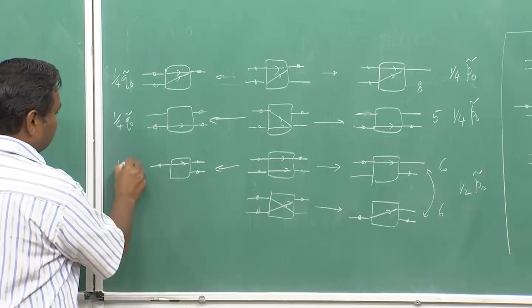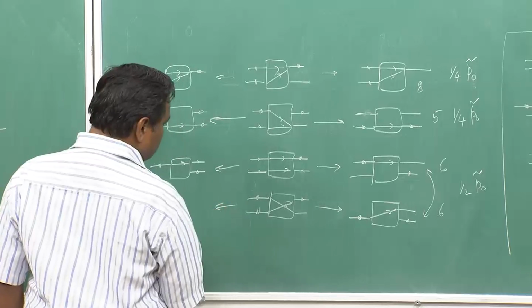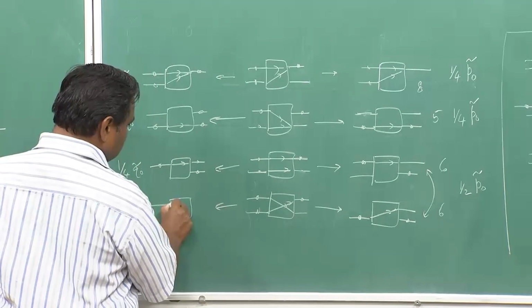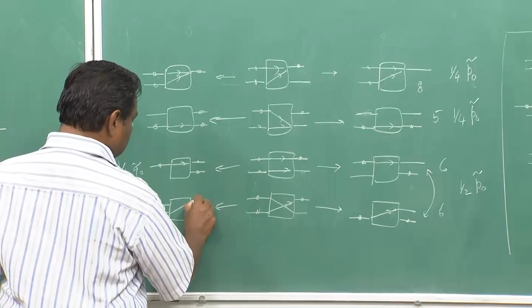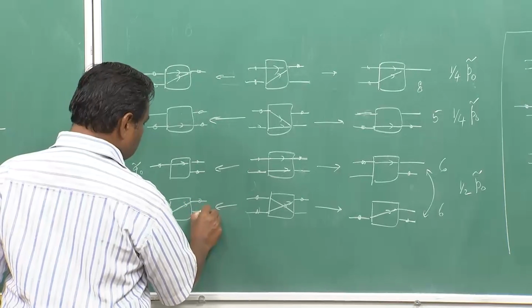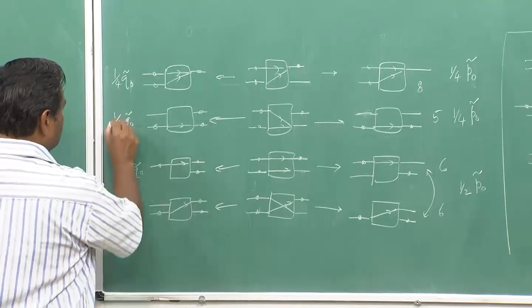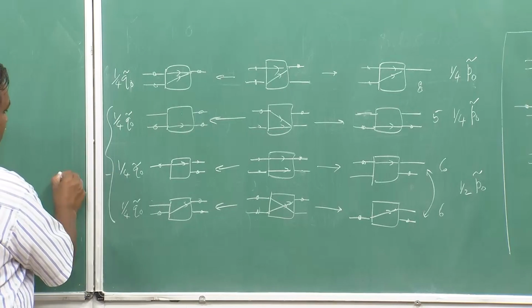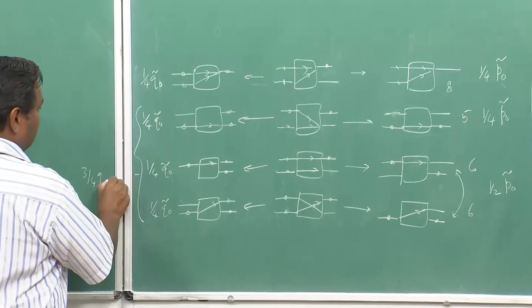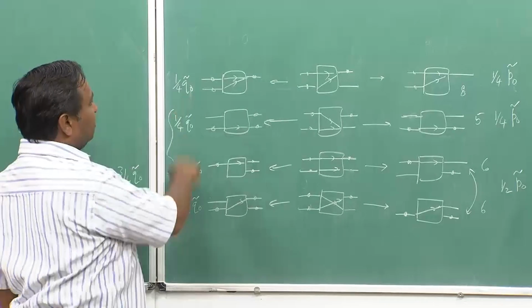So, this also happens with 1 by 4 q 0 tilde. In this scenario you will be having, so this is also the same 1 by 4. So, these three actually I can combine together. So, this will be 3 by 4 q 0 tilde, 1 by 4 q 0 tilde.